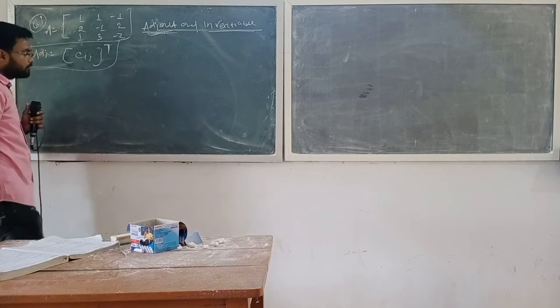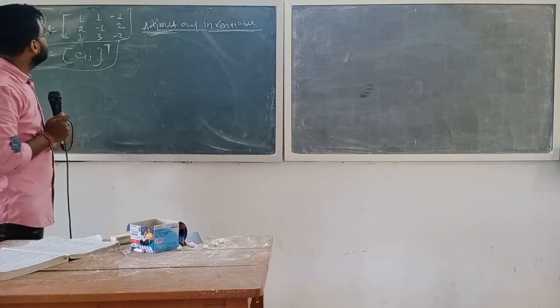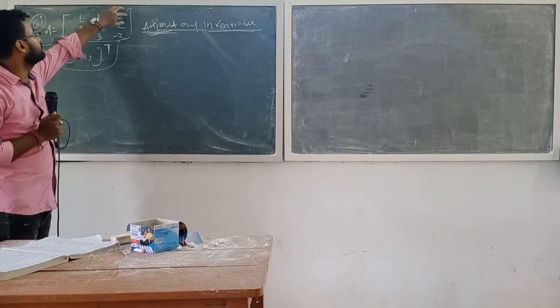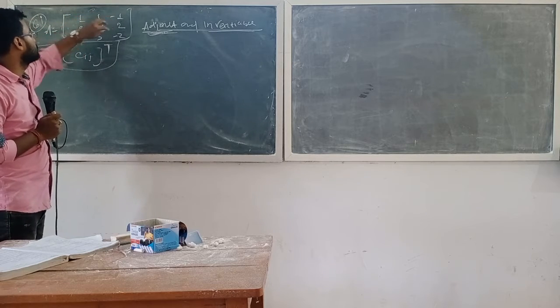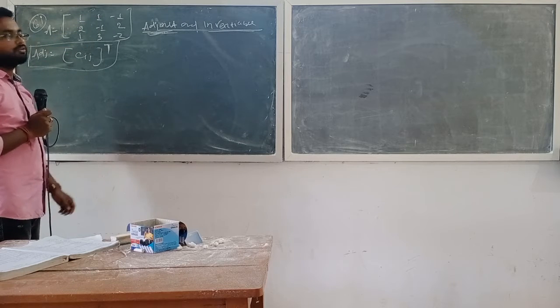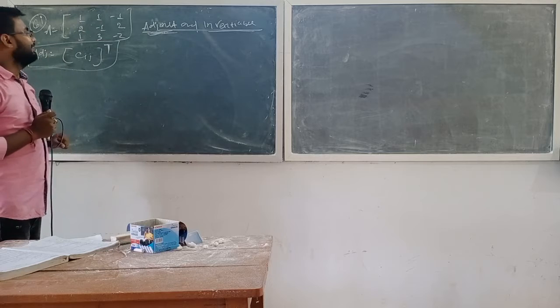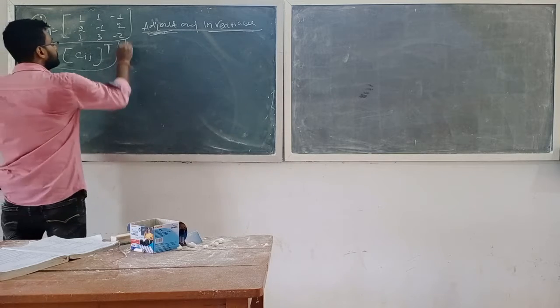How to find the cofactors of each and every element of a matrix? Each and every element of the matrix, this is the element, this is the element. So for each element we find the cofactor, just as we find the minor. Similarly, you can find the cofactor of a matrix.